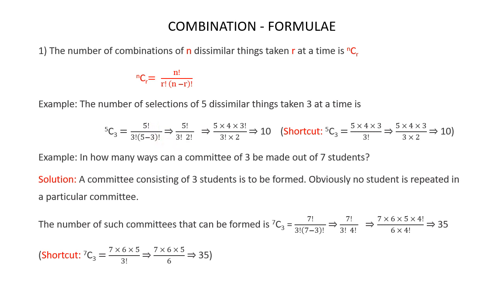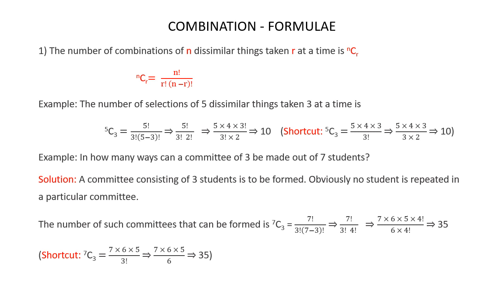Now 5 factorial can be written as 5 multiplied by 4 multiplied by 3 factorial. The 3 factorial in the numerator and the 3 factorial in the denominator get cancelled, and on solving this we get 10. So there are 10 selections that can be made out of 5 dissimilar things taken 3 at a time.